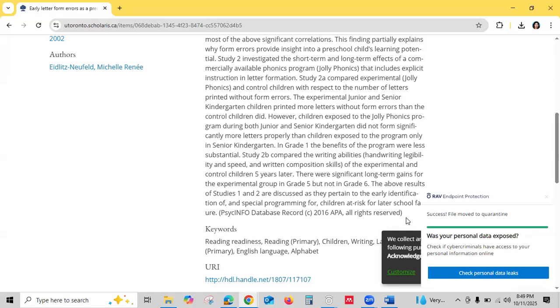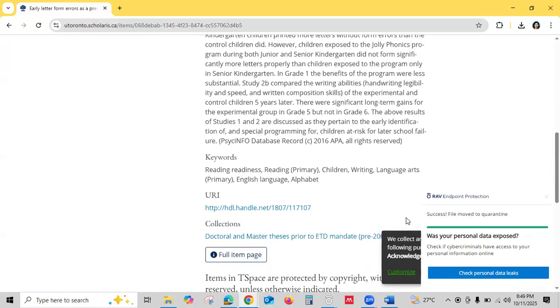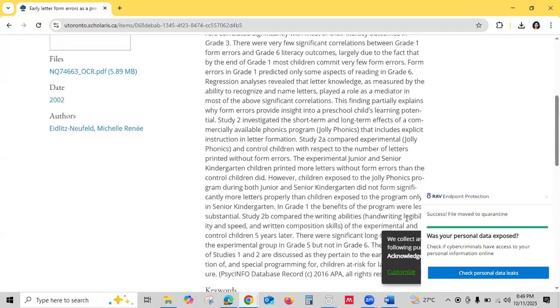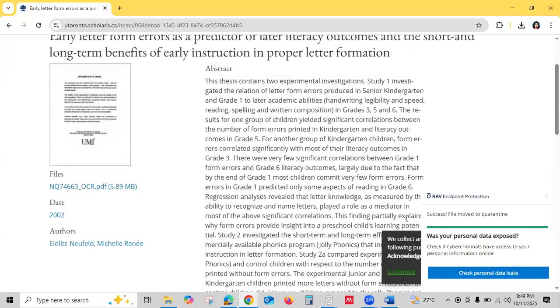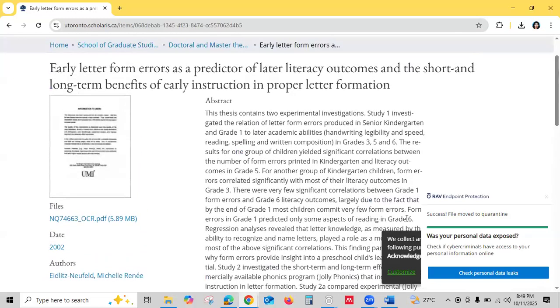The above results of studies 1 and 2 are discussed as they pertain to the early identification of and special programming for children at risk for later school difficulties, right? Okay. So these are the findings. The activities they have used were Jolly Phonics in order to improve their pronunciation and letter formation, right? So we'll take another one.